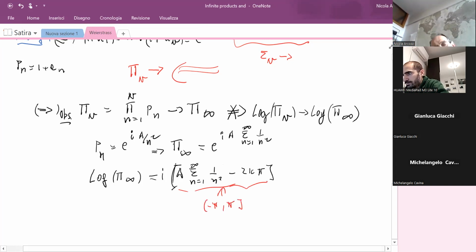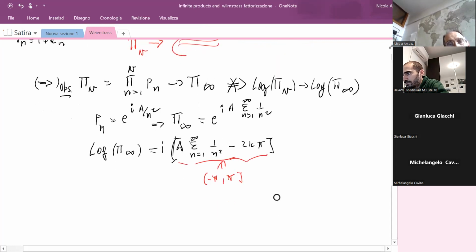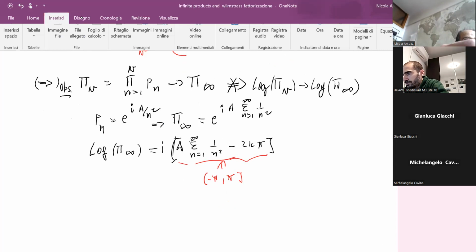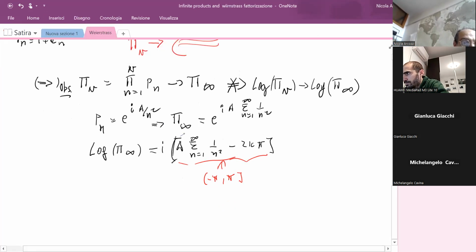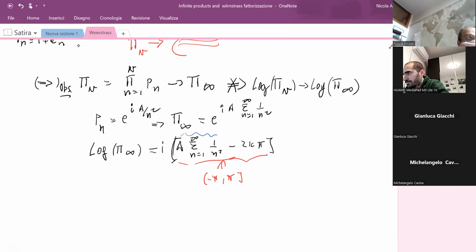Because we said that the logarithm, the argument, the imaginary part must be in minus pi, pi. So typically it's not this. Okay. So, well, but what we know for sure, okay, so this is what the problem is.